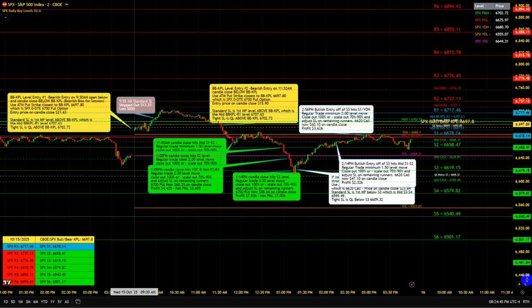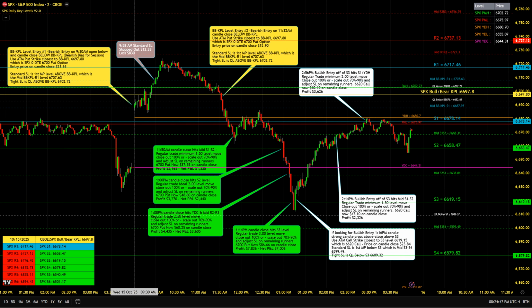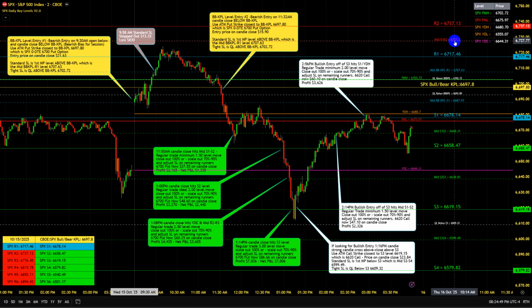Instead of having all these levels squunched up like this, you expand the levels out so you're seeing R2 through S2, or as you can see here, we've gone all the way down to S4, and that's because price action later on dictated that.